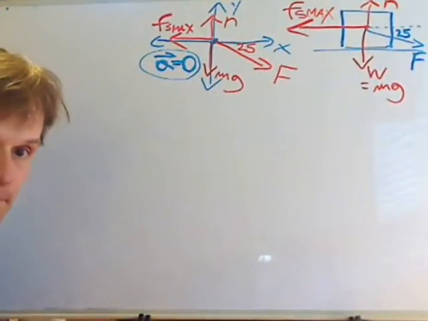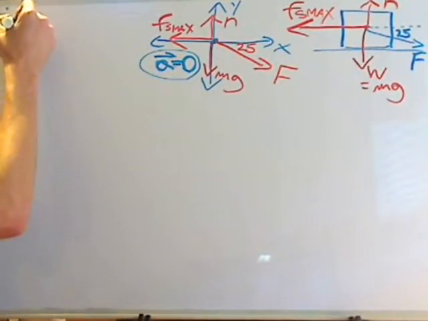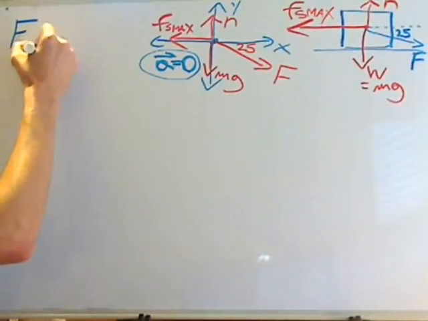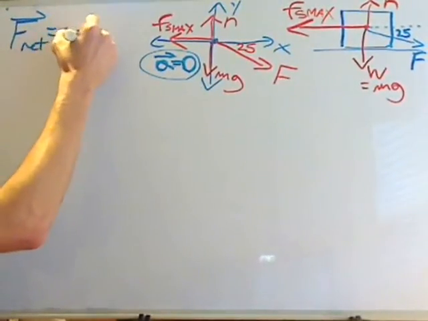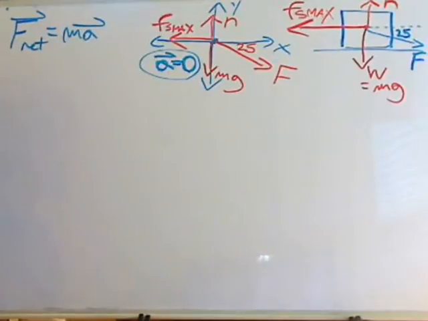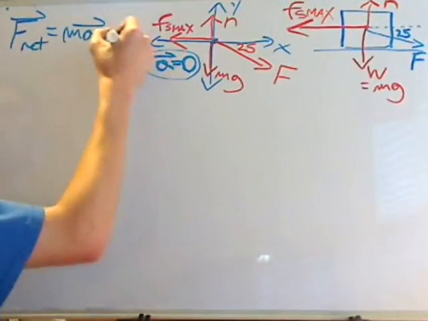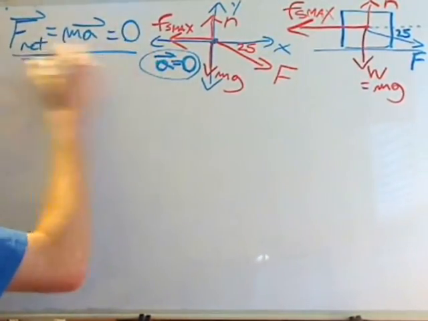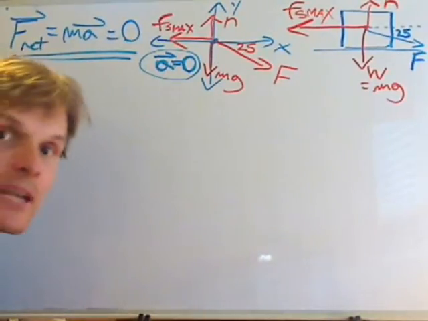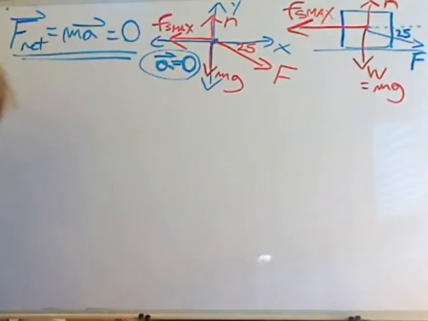Okay? So if that's the case, Newton's second law, mass times acceleration, okay, acceleration is 0. So we have, again, an equilibrium situation, basically, where the forces have to add up to 0. Okay? So if the forces have to add up to 0, that will allow us to solve this problem.